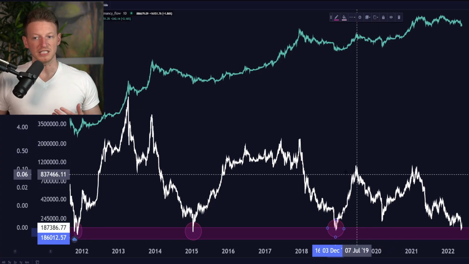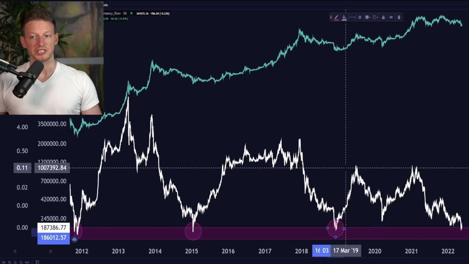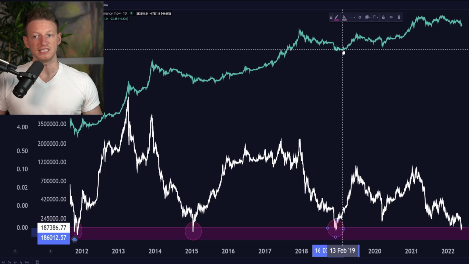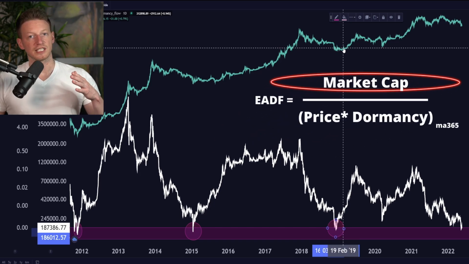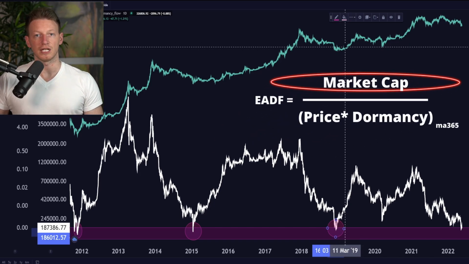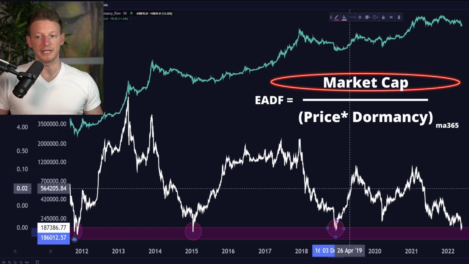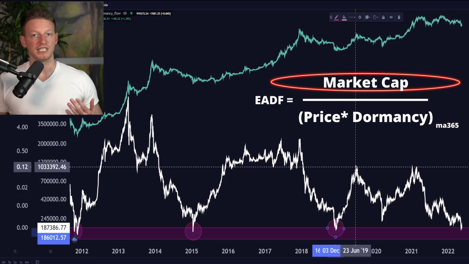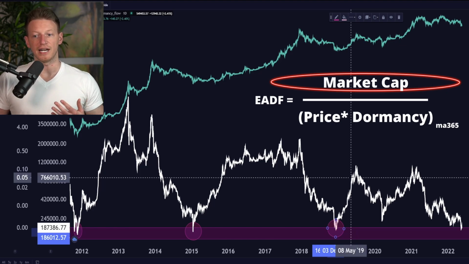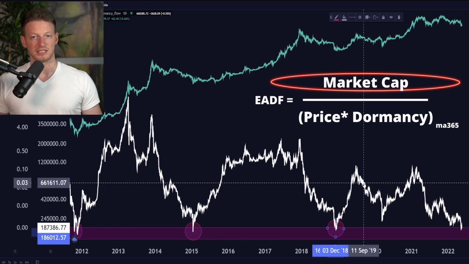So you can imagine that as the market is very bullish and the market cap is increasing, your annualized value of coins being destroyed, or dormancy times price, is much lower. And so this begins to rise. And then when you see it start to fall, that means you're entering into a capitulation state.